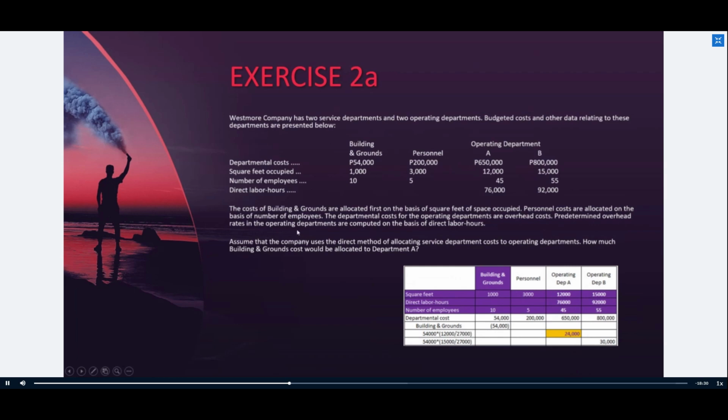Predetermined overhead rates in the operating departments are computed on the basis of direct labor hours. Assume that the company uses direct method of allocating service department costs to operating departments. How much building and grounds costs would be allocated to Department A?